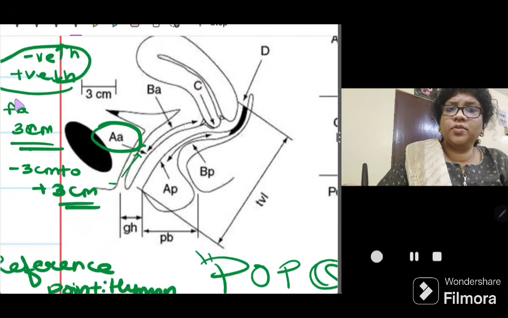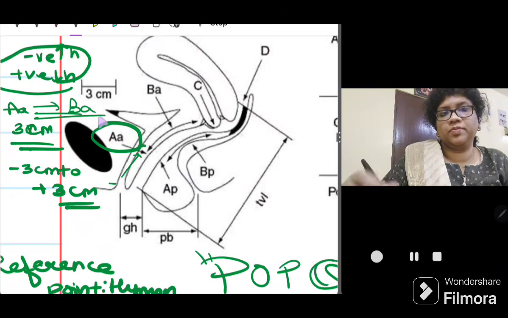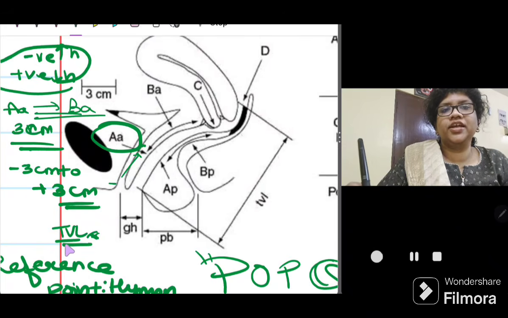So in a normal non-prolapsed patient, the AA and the BA will lie at the same point. But when it prolapses, the most dependent part of the anterior vaginal wall will be the most dependent portion of the prolapse, and that can be up to the TVL, that is the total vaginal length.